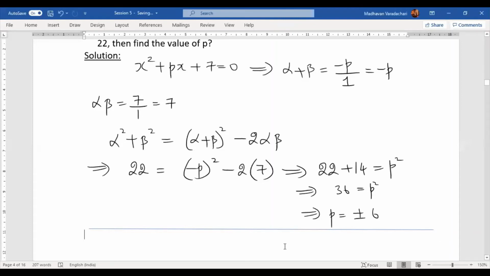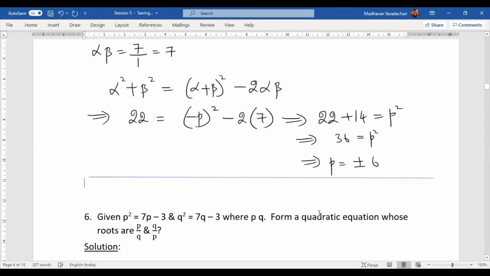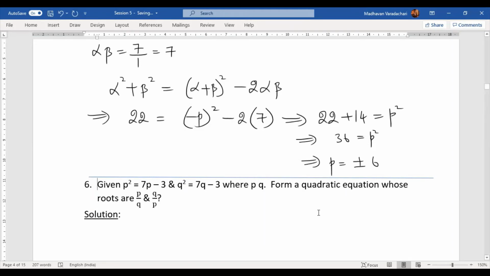Let me move on to the next question. Given p square equal to 7p minus 3 and q square equal to 7q minus 3, where p, I'm sorry, here it should be p is not equal to q.